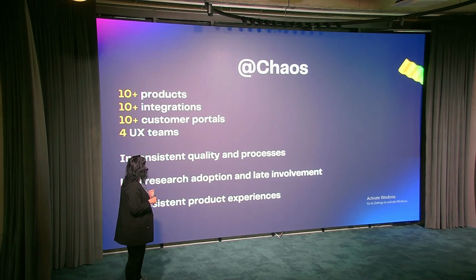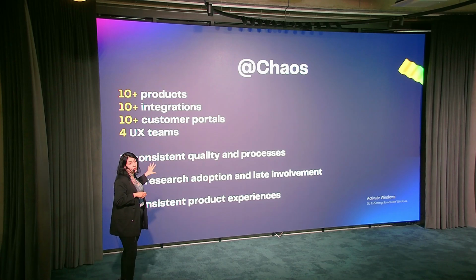We have over 10 products, over 10 integrations just for our most popular product, and about 8 integrations plus minus 1 for our second most popular product. We also have over 10 customer portals for UX teams. This is a result not just of growth. There are a lot of acquisitions that happened during the years, especially in the last 3 years.